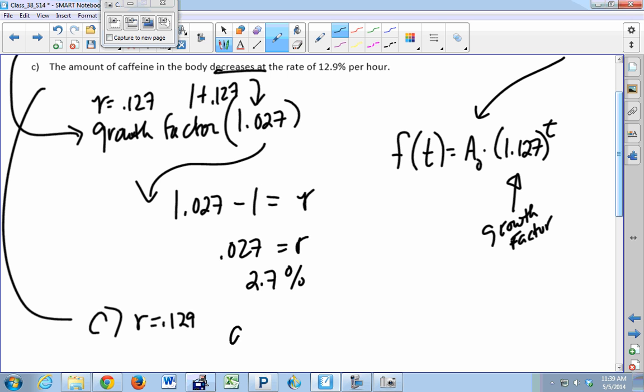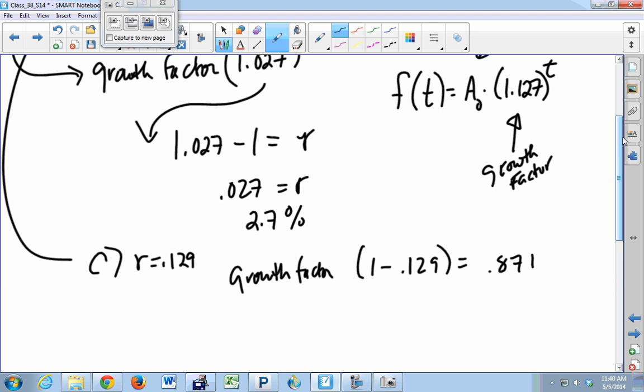And to get our growth factor, we subtract it from 1. 1 minus 0.129 gives us what? 0.871. Yep, so that would be our growth factor. So if we were writing an exponential equation, it would look like this.